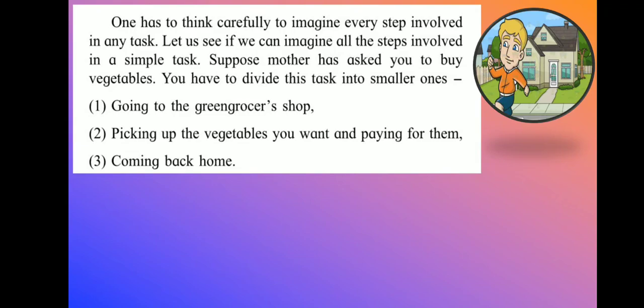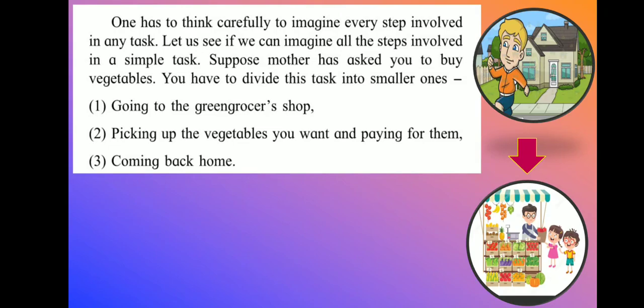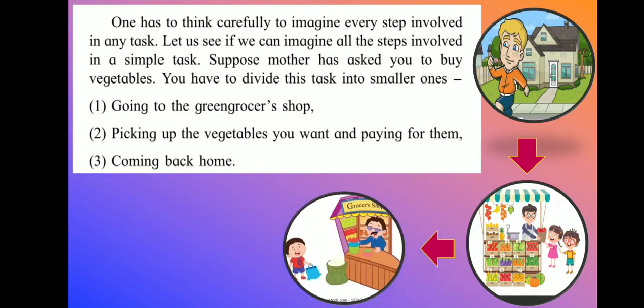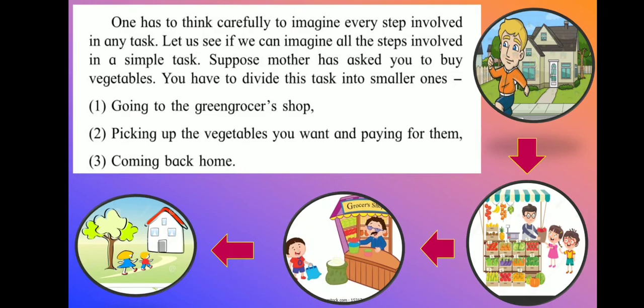For buying vegetables, you need to move out of the house. Number 2, picking up the vegetables you want. Mama has told you to pick out specific vegetables. And then you need to pay for them. That is, you need to pay money for them. And after that, you buy vegetables and come back home. So these all steps are involved.